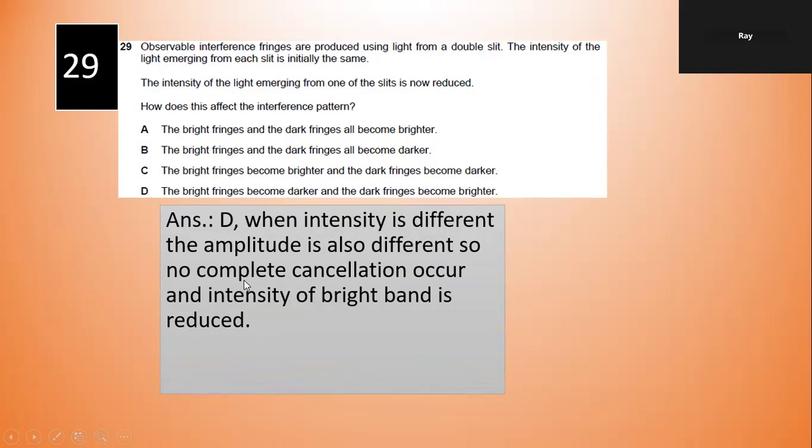So no complete cancellation occurs. For cancellation, they must have the same amplitude. Intensity of the bright band is reduced. Constructive interference, the amplitude is different, so intensity is reduced. Do you need me to explain further?